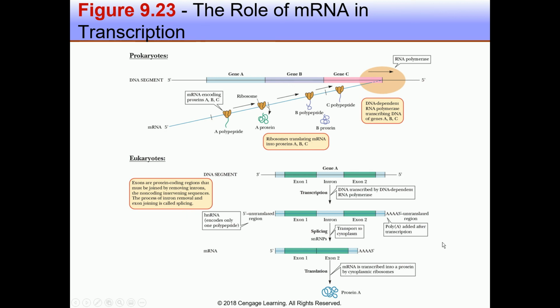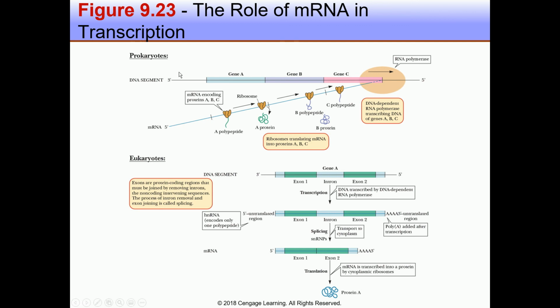On the 3' end a poly A tail is attached, and on the 5' end some modified nitrogenous base is attached. This is basically to modify the two ends of the mRNA. This is all part of the processing which takes place.